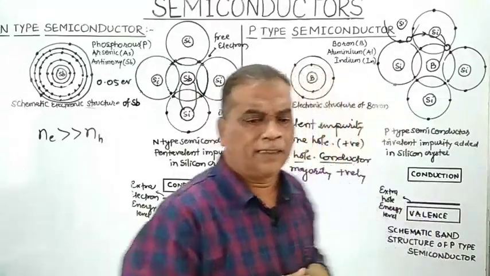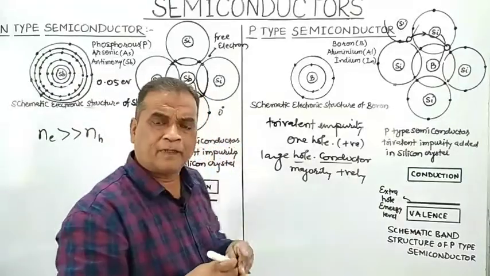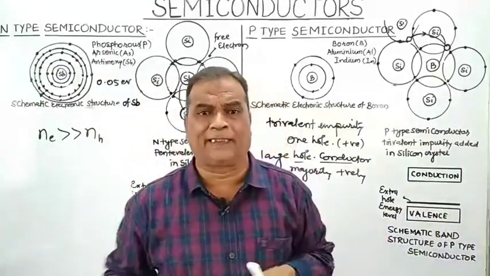P-type semiconductor. Now in case of p-type semiconductor, how many holes are actually present?